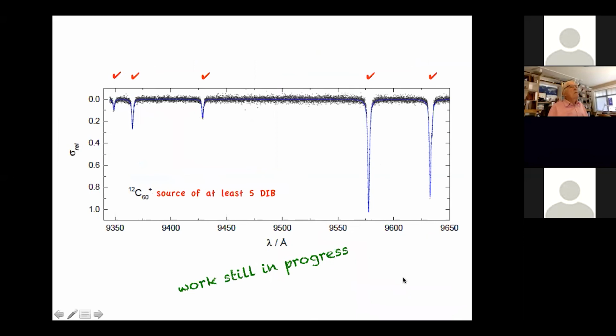So what has happened, this was basically stepping you through a bit of research and how one got to a convincing conclusion that, certainly starting way back with Harry's work, and the Foing and Ehrenfreund, we have reached the point where we can say that C60 plus is definitely the source of 5 diffuse interstellar bands.